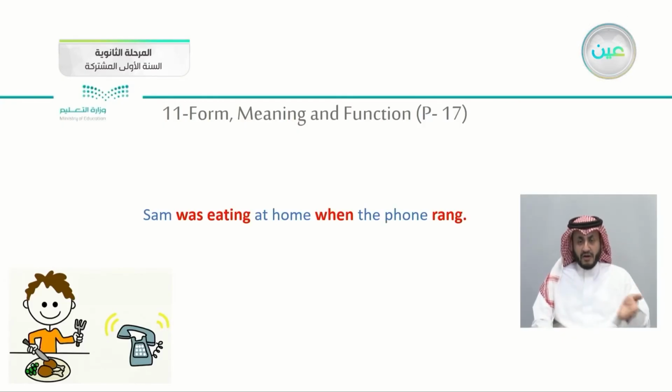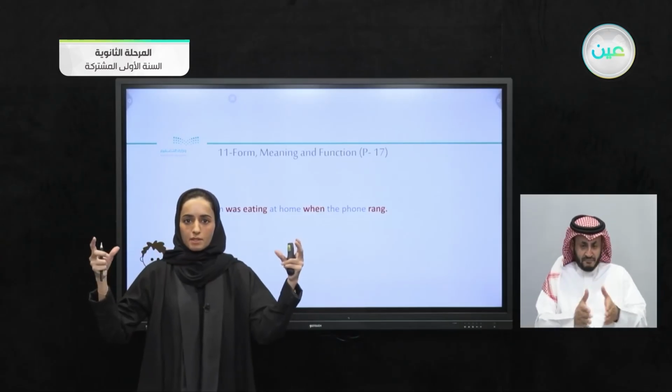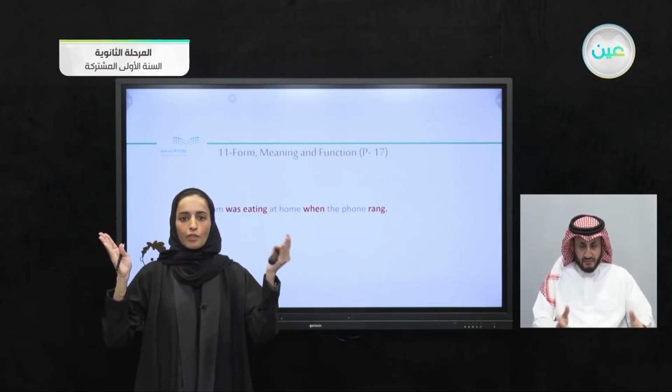So, let's look at Sam in here. We're having two actions. The action of eating, look at him, he's eating, and we're having the phone, it's ringing. So Sam was eating at home when the phone rang. So maybe he started eating for 30 minutes, from 1 to 1:30.